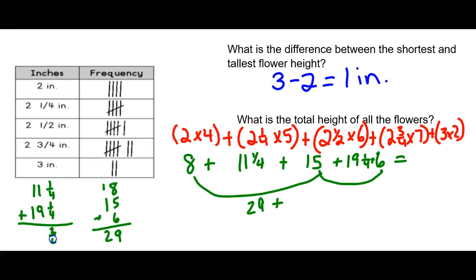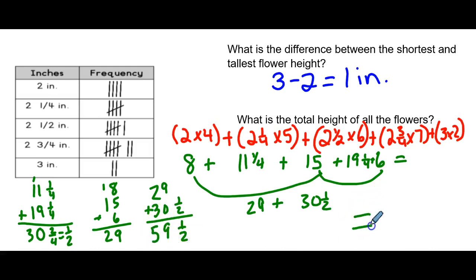So I end up with 2/4, which equals a half, and 19 plus 11 is 30, so 30 1/2. Okay, so we have 29 plus 30 1/2, so we have a half for our fraction, and 59. So our grand total is 59 1/2 inches of flowers.